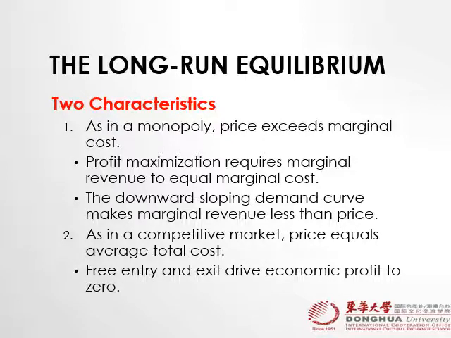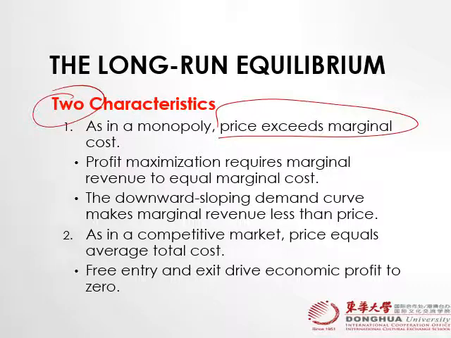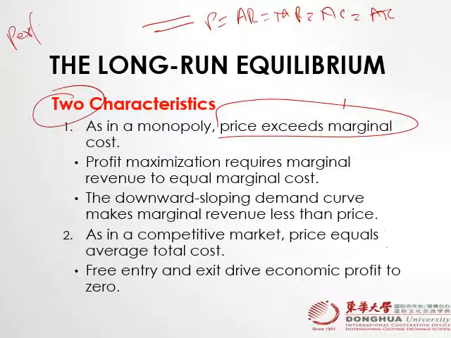So there are two characteristics that are different from perfect competition. One is that the price exceeds marginal cost, right? We see that in the perfectly competitive firm, what is the long run analysis? Price is equal to AR is equal to MR is equal to MC is equal to ATC. That is the condition for a perfectly competitive market.